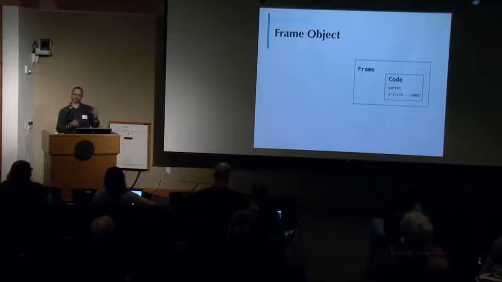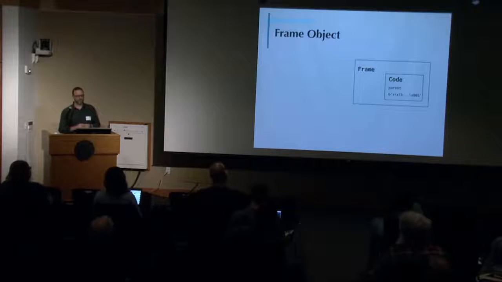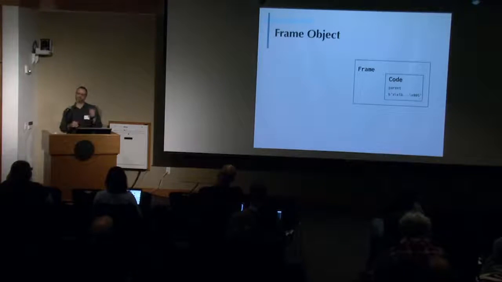Right, so the frame object is a way that the Python interpreter keeps track of where it is, what line it is inside the function, and keeps track of the local and global variables that are available in the function. Each time a function is called, a new frame object is created, and each time a function exits, that frame is removed, disappears.